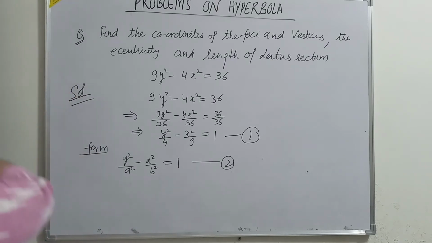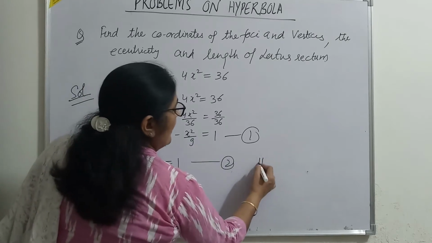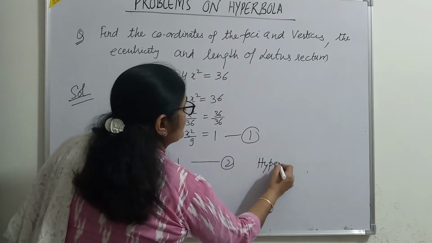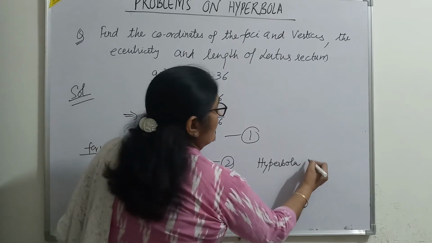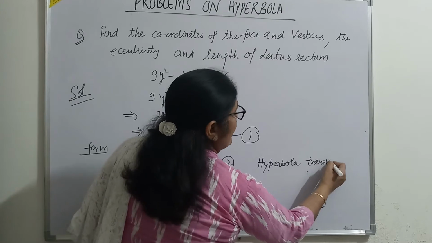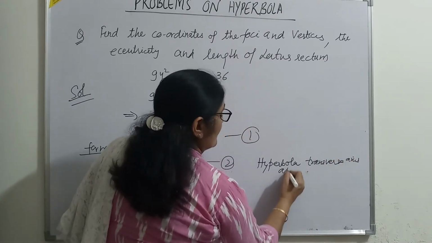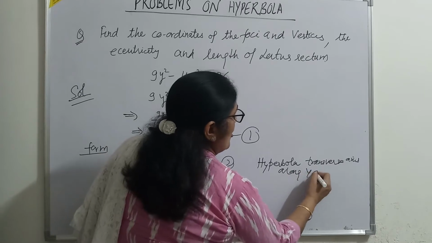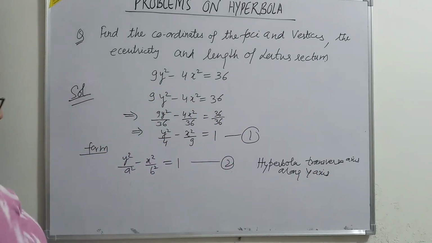That means this hyperbola has its transverse axis along the y-axis, or you can say the foci lie on the y-axis.